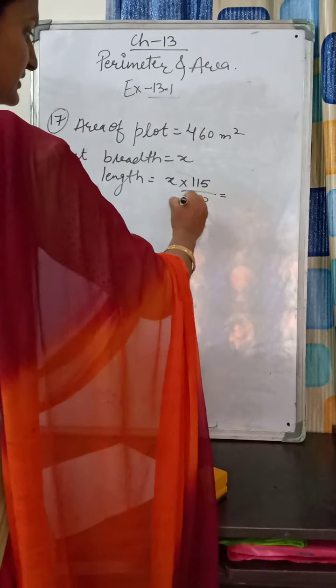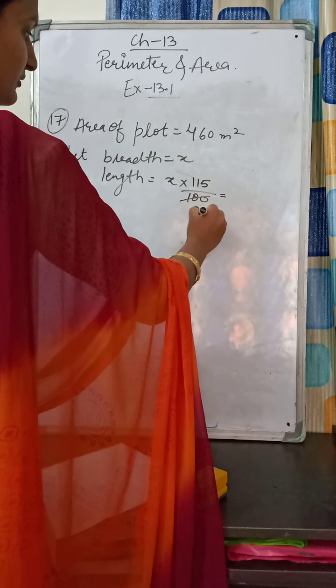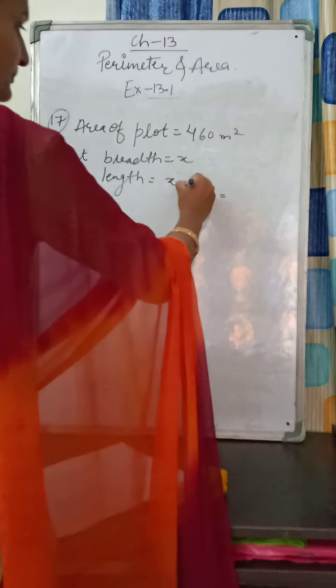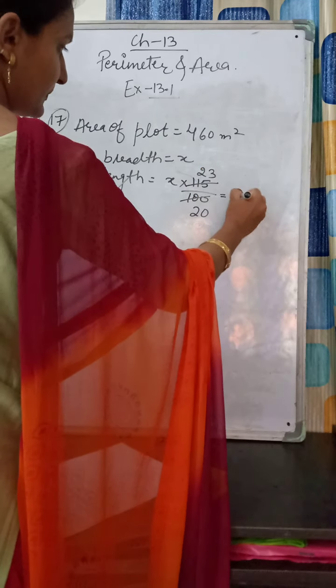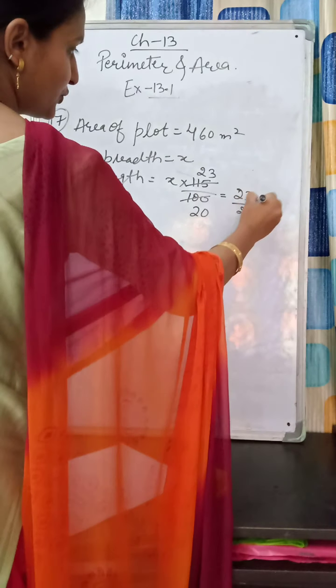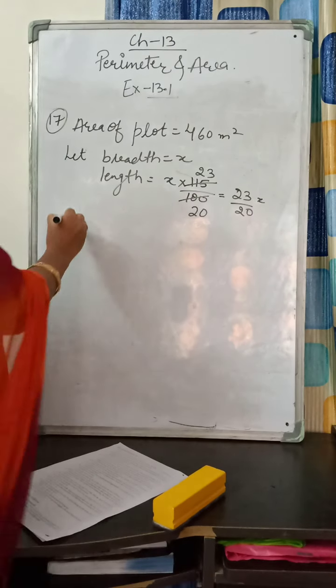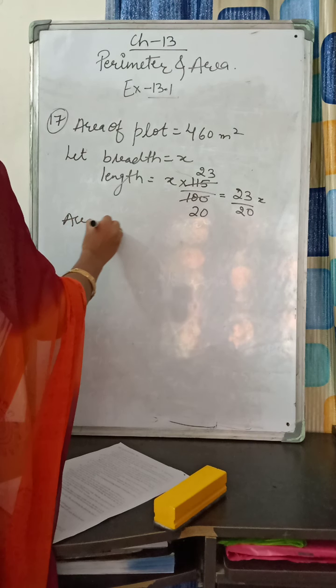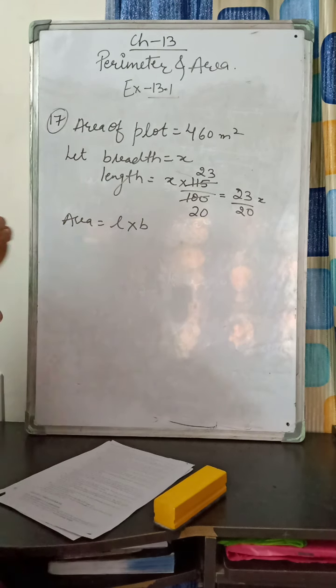So here when we cancel it out, 5 twenties are 100, so this is 23 upon 20 x. Now the area is given, so we can say that area equals length into breadth.